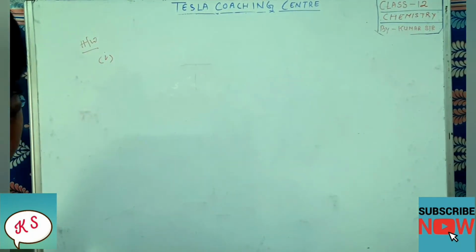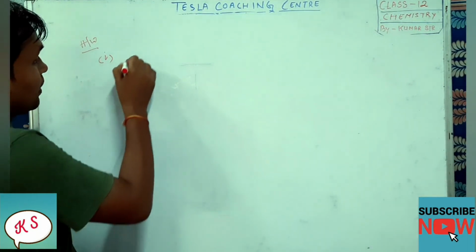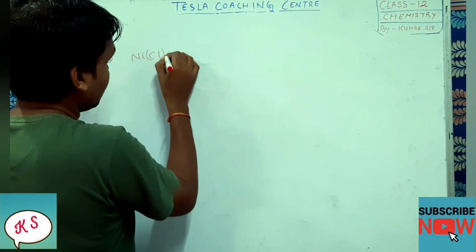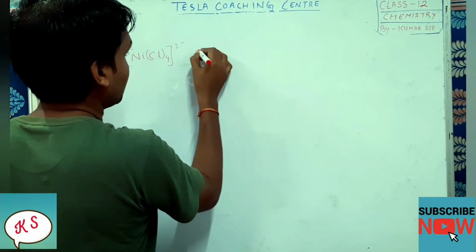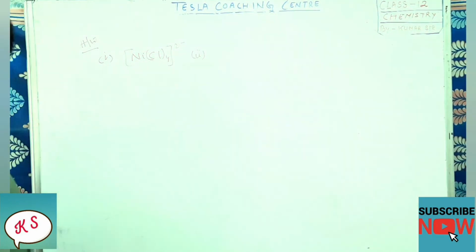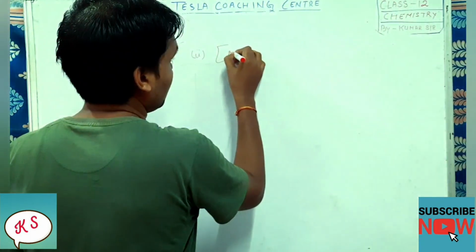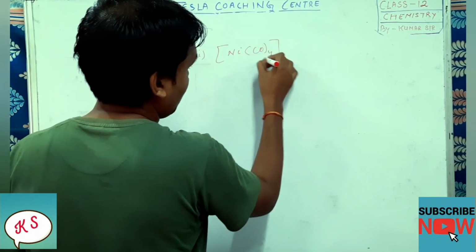Okay, NiCl4 2 negative, NiCl4 2 negative. Number 2: Ni(CO)4, Ni(CO)4.